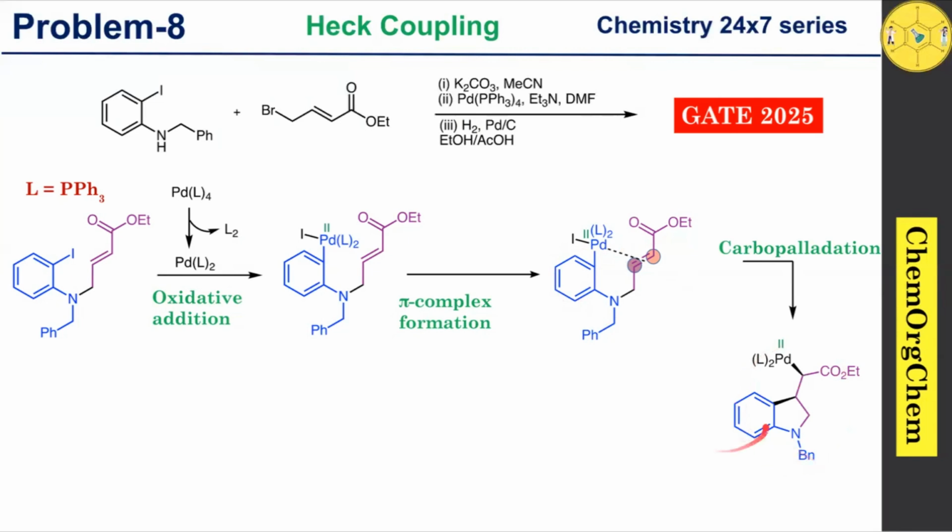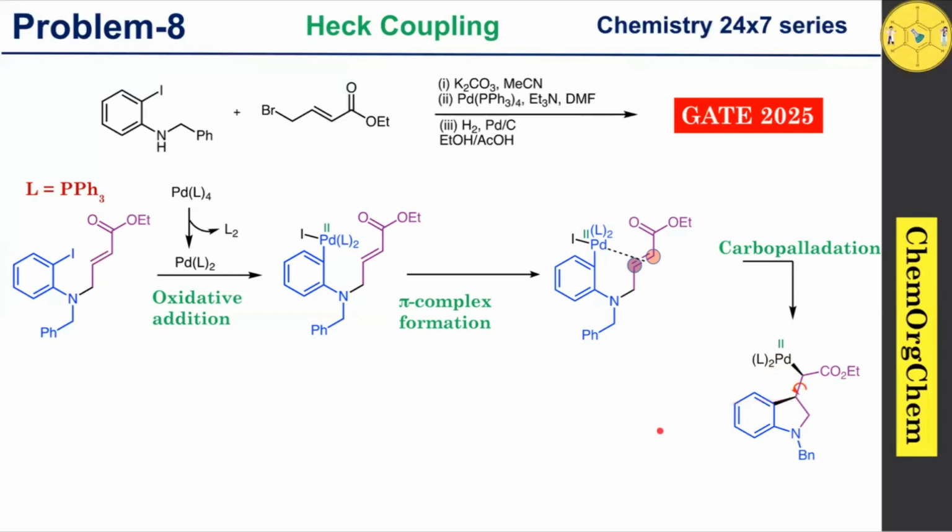Now the next step of the reaction is syn beta hydride elimination. This is the alpha carbon, this is the beta carbon, and the beta carbon has a proton. However, this is not perfectly aligned with this palladium species. At the same time, this carbon-carbon bond is rotatable. Once you rotate this carbon-carbon bond, our palladium species exactly matches with this hydrogen atom.